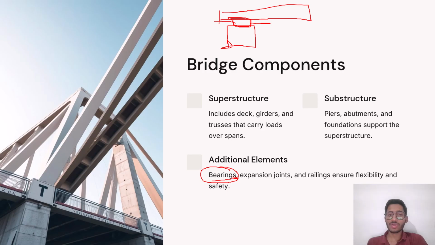Bearings are provided to carry the load coming from the vehicles and transfer it to the pier. Bearing is also provided to carry the movement which is coming from the deck.